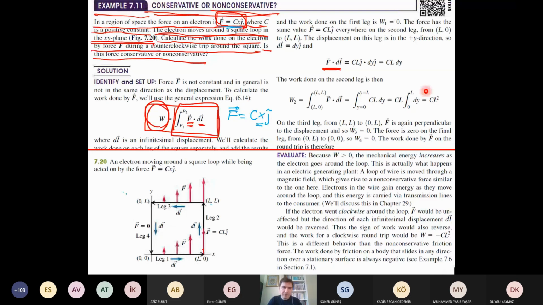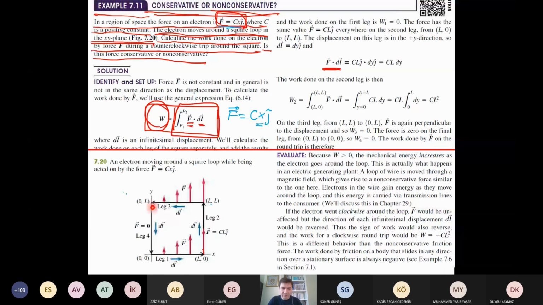So what about the work done here on the third leg? Since force and dl are perpendicular to each other along this leg 3, the work done on the electron along this path is 0. And here, again, what is the force along this last leg, leg 4?